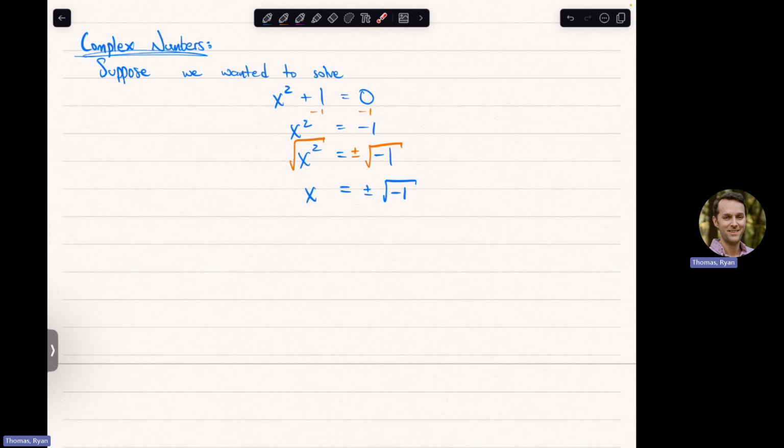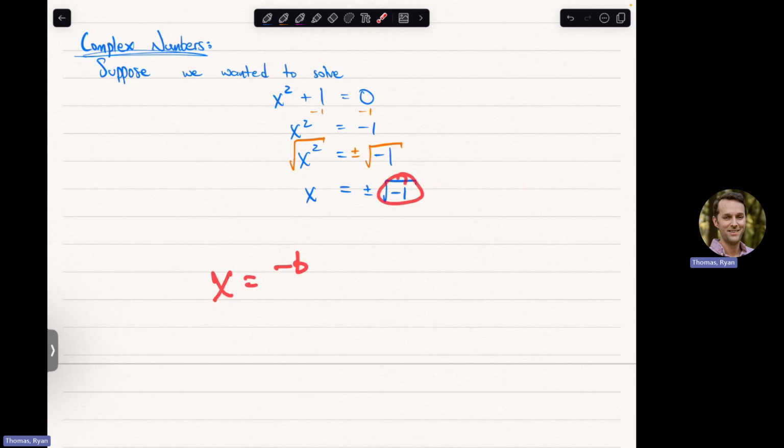So this is not a real number. Or again, you might get a message like it being undefined from a calculator. But if you think about it, this kind of thing could come up a lot in what we've been talking about, right?